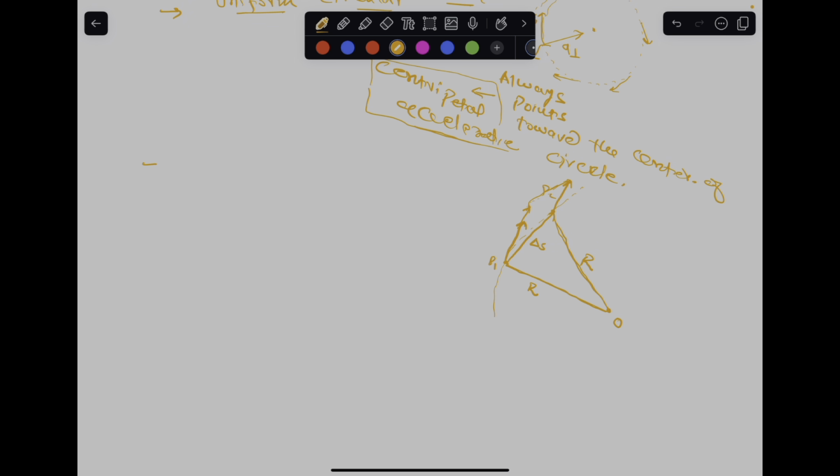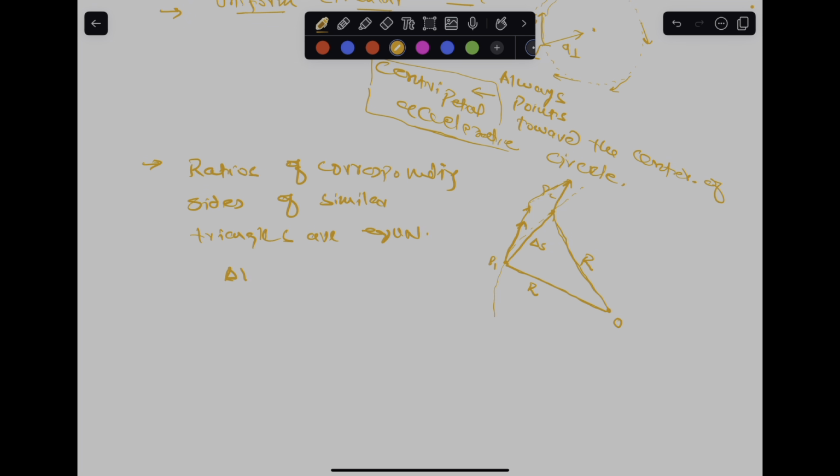There is a theorem in mathematics that says that the ratios of corresponding sides of similar triangles are equal.